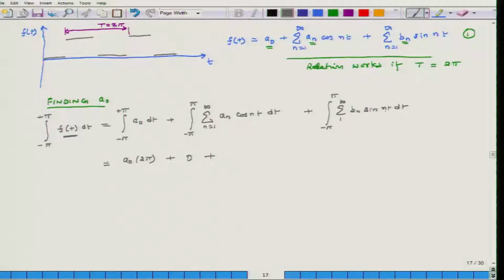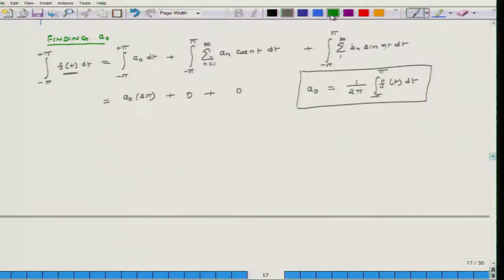So, when I take the difference, this also becomes 0. So, A0 equals 1 over 2 pi integral from minus pi to pi of f t dt. So, this is my expression for A0. Okay.